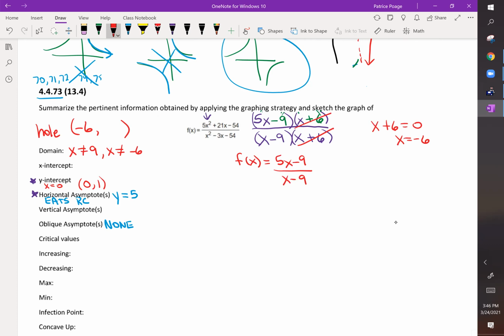And to find the y value for the hole, you put the x back in the simplified version. So I have 5 times -6 minus 9 over -6 minus 9. Gives me -39 over -15, which is 13 over 5.